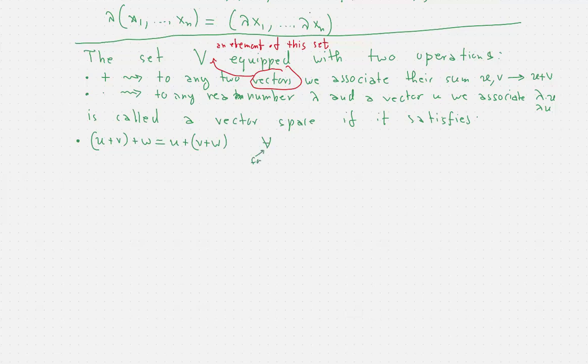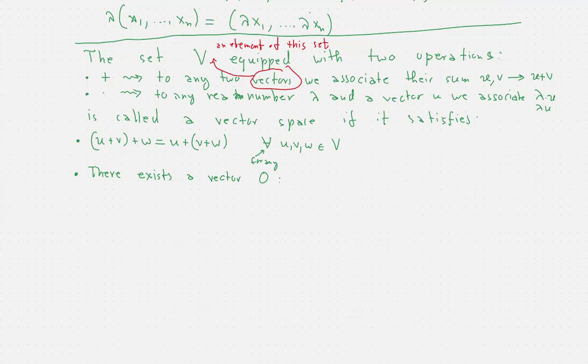The second property is that there exists a vector 0. I'm denoting it with the 0 because the property that describes this vector proves that the vector actually is unique.